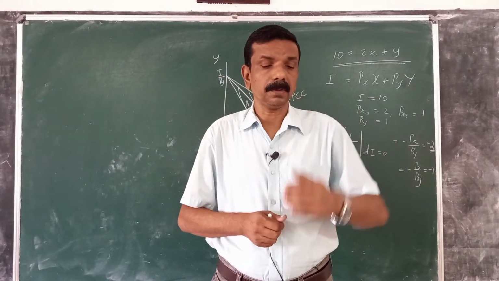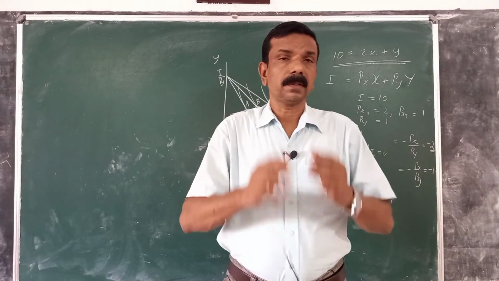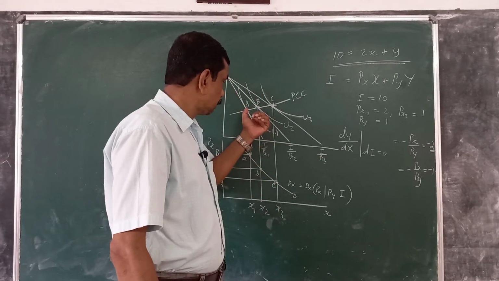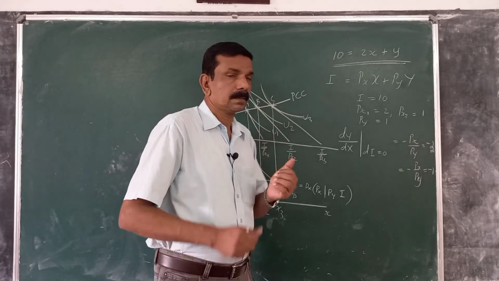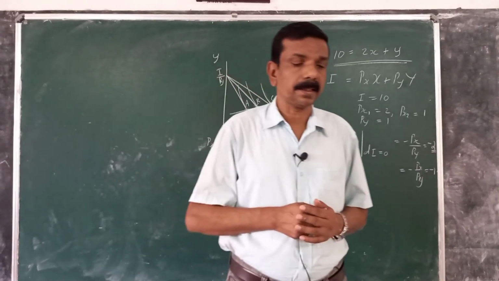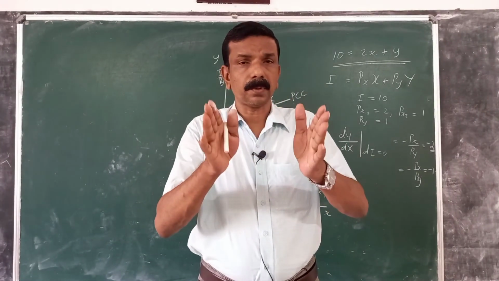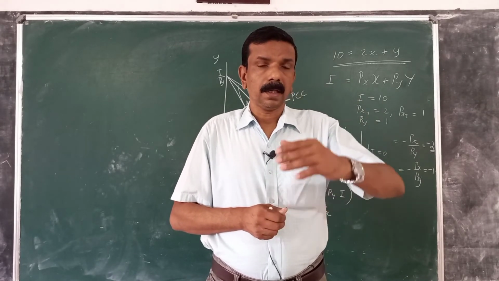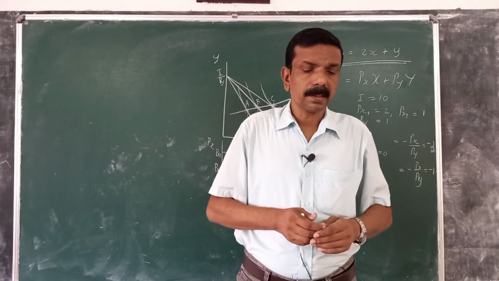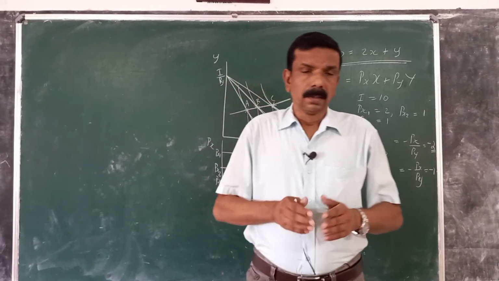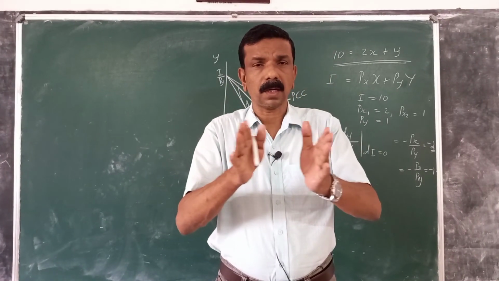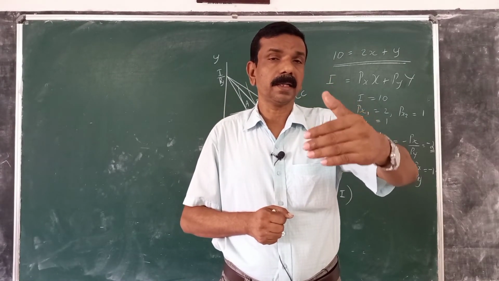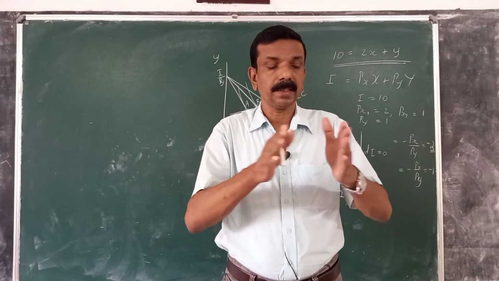As you know, each point on the demand curve, A, B, C, etc., is a point of tangency between an indifference curve and a budget line. So at each point, the consumer maximizes utility. Each point on the demand curve shows how much quantity of X a consumer is willing and able to purchase at various prices.